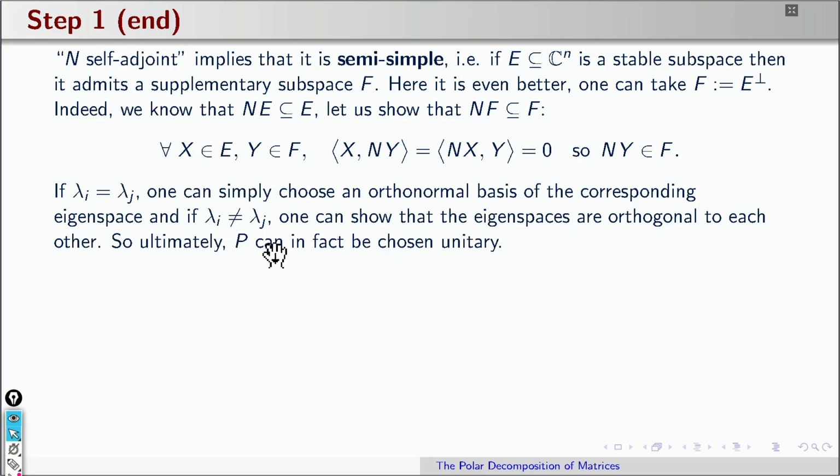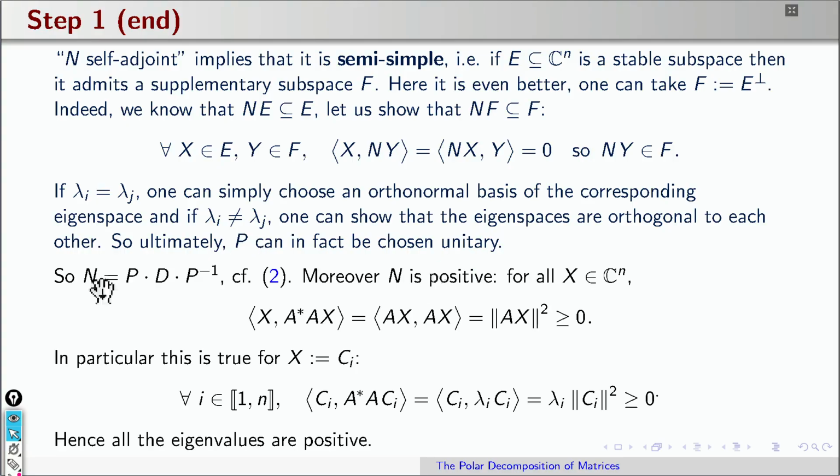So in fact, for P, you can take the columns to be orthonormal eigenvectors of unit norm 1. So in fact, P will be a unitary matrix.